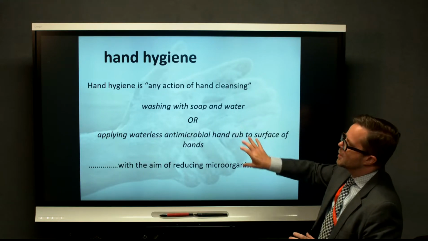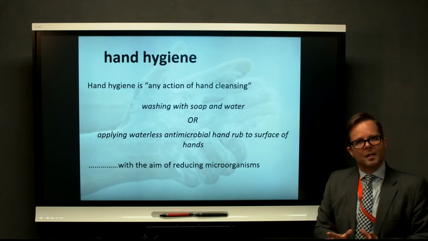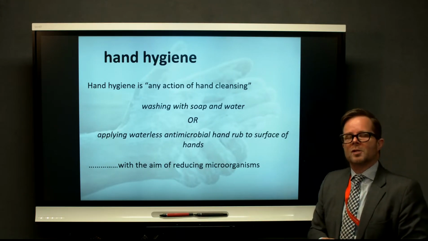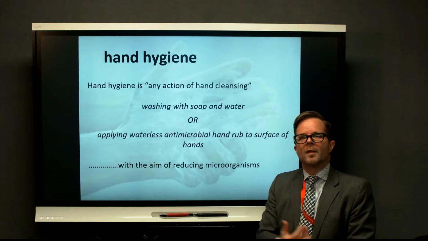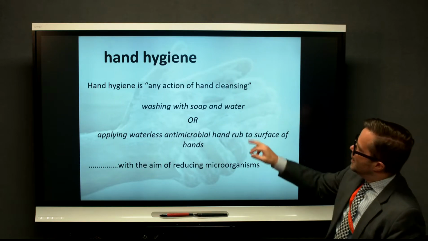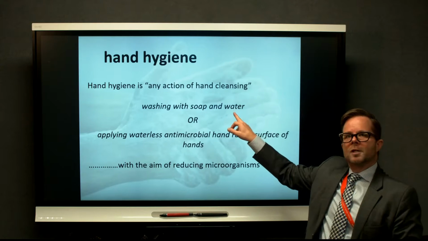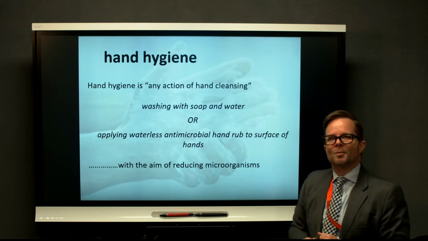But both of these approaches are designed to reduce, not eliminate, because we can't completely eliminate microorganisms from our hands, but to reduce microorganisms to a level where they're not then infectious. But I draw your attention to the soap and water. That is the most effective way to clean your hands, but you need to do it properly.